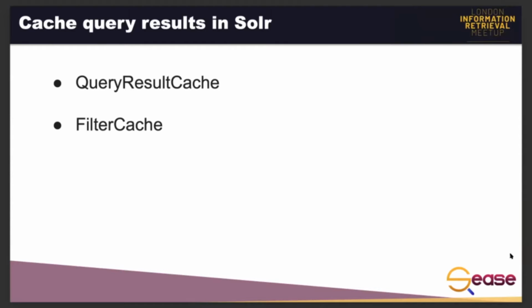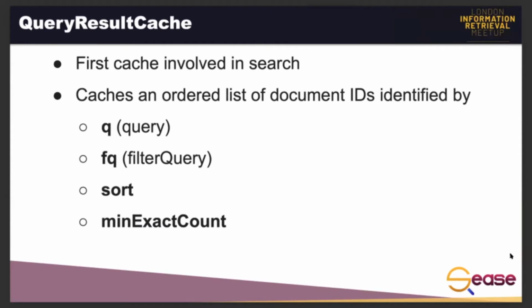The query result cache is the first cache involved in a search. It is the higher-level cache, and it stores a list of document IDs. Actually, they are the Lucene IDs. This list is ordered and is identified by four parameters provided by the client.